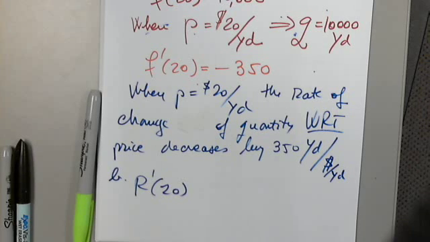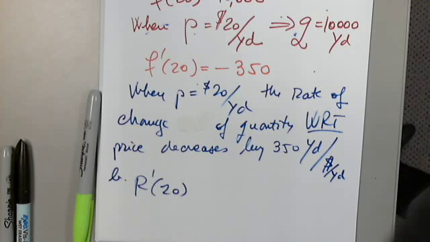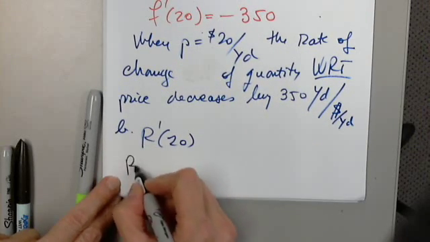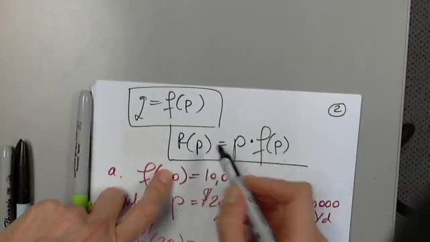I have to find what first? R prime of P, but it's exactly the same idea. So I have to find R prime of P.